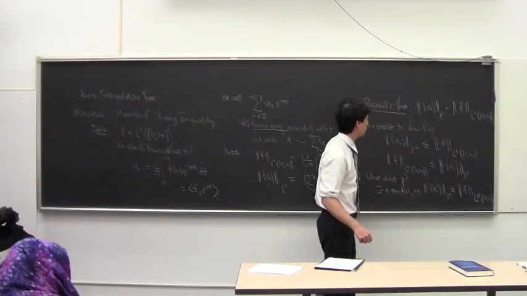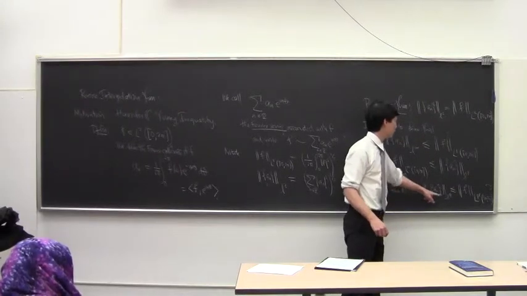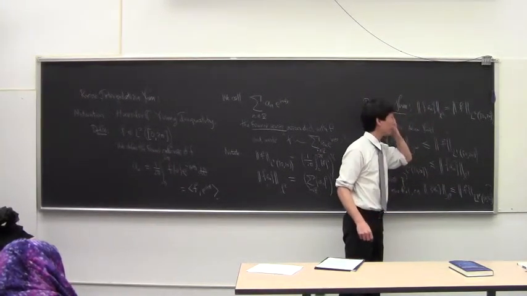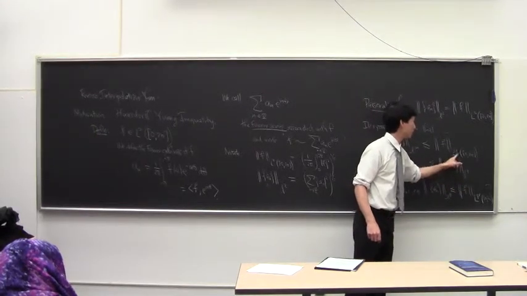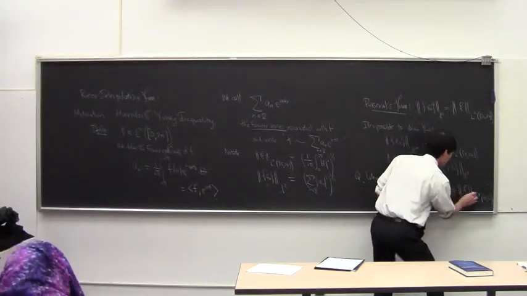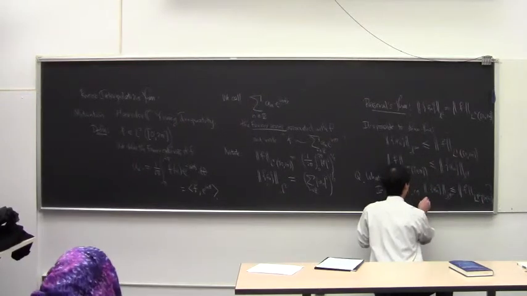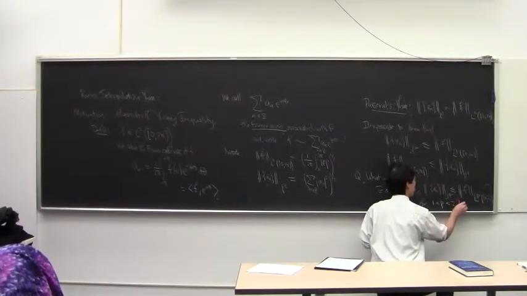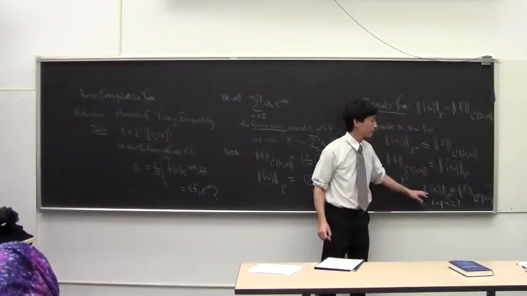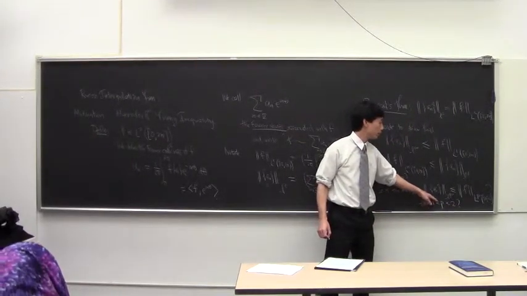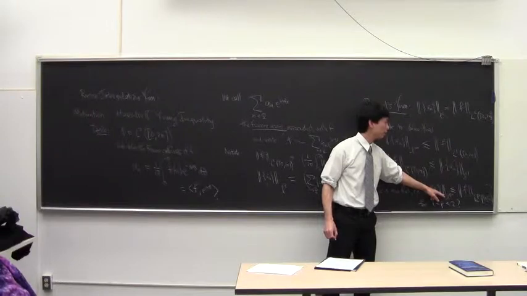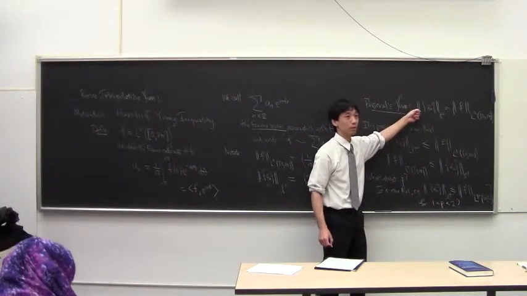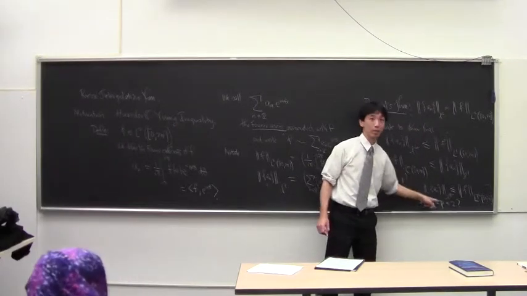That's for p between 2 and infinity, say, or that's to say for p prime between 1 and 2. Let me write this backwards. So for p between 1 and 2, the statement is true for p equals 1, and it's true for p equals 2. Is it true for p between 1 and 2?